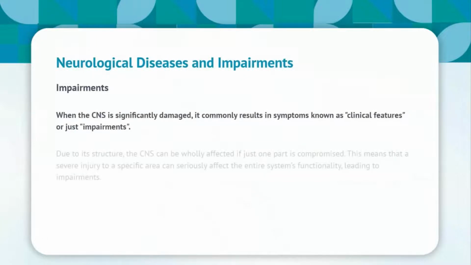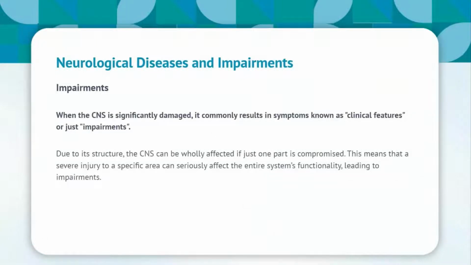Impairments. When the CNS is significantly damaged, it commonly results in symptoms known as clinical features or just impairments. Due to its structure, the CNS can be wholly affected if just one part is compromised. This means that a severe injury to a specific area can seriously affect the entire system's functionality, leading to impairments.